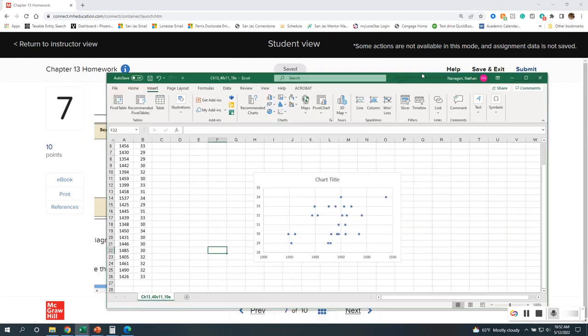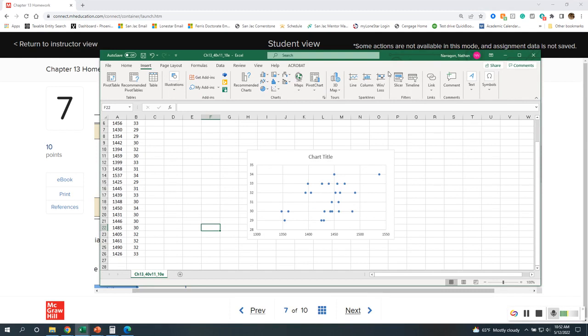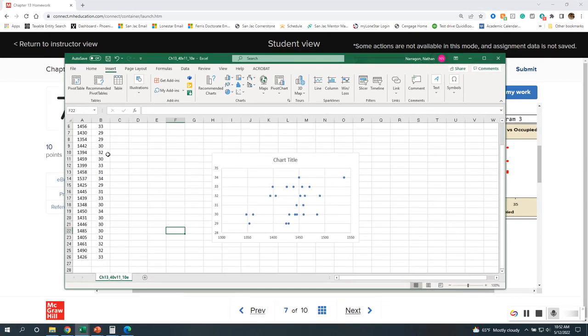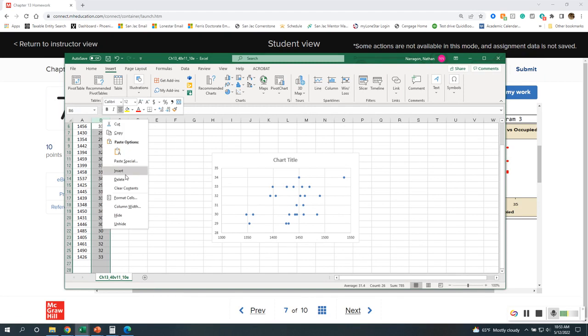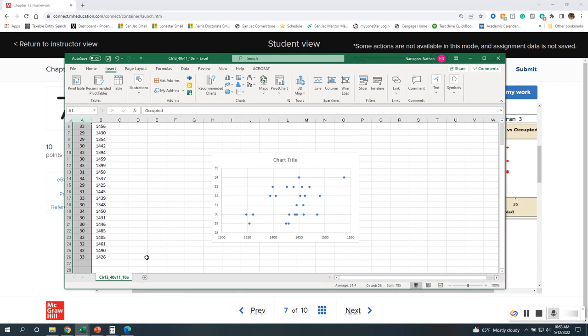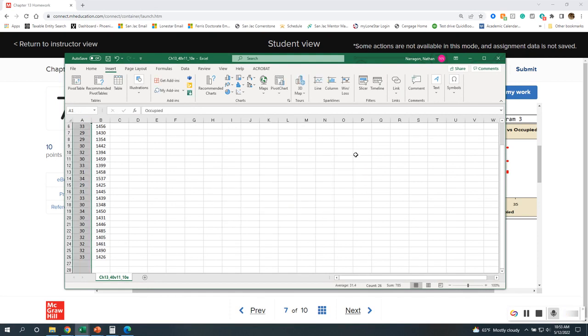Oh, notice they switched. Notice how the numbers are a little bit different. So, in order to properly do this, cut, delete this, we'll redo it.